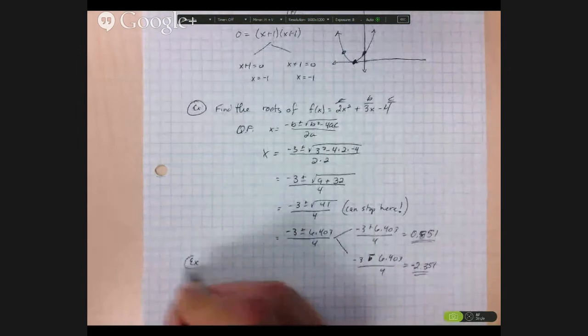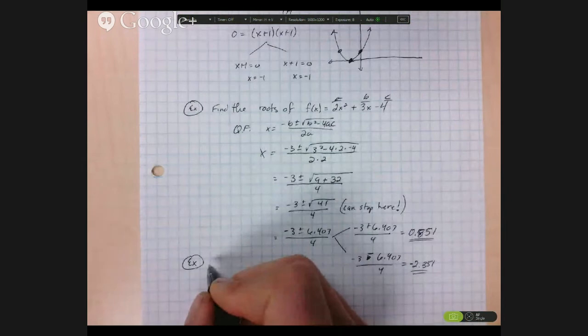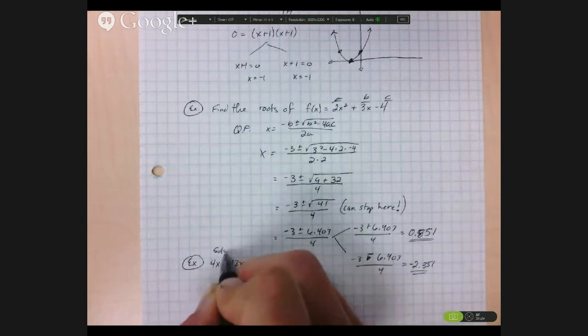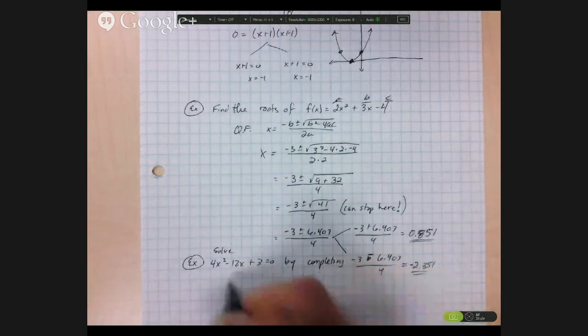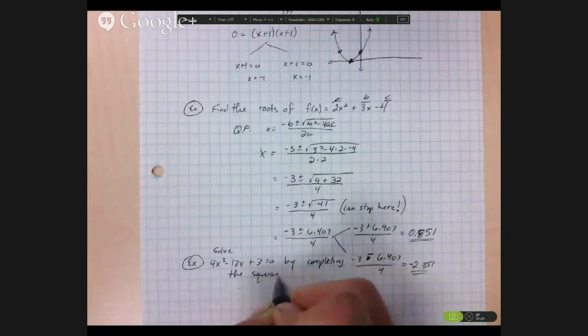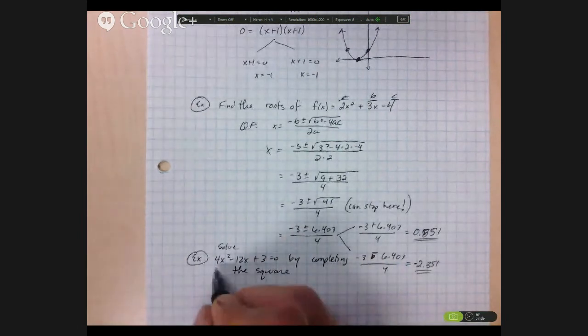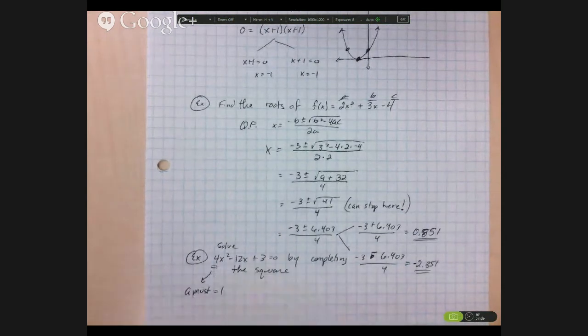Okay. Completing the square. So we're going to solve that equation by completing the square. Okay. The first thing we have to know is that a must equal 1. All right.